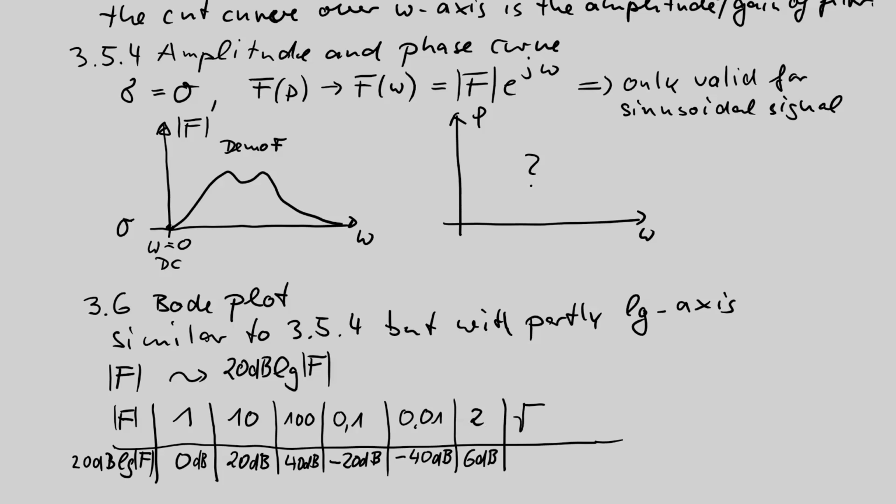If we have the square root of 2, we have 3 dB. Or if we have 1 divided by the square root of 2, then we have negative 3 dB, still known as the indicator for a band border, where the pass band goes over into the stop band. Also, this is the minus 3 dB value.